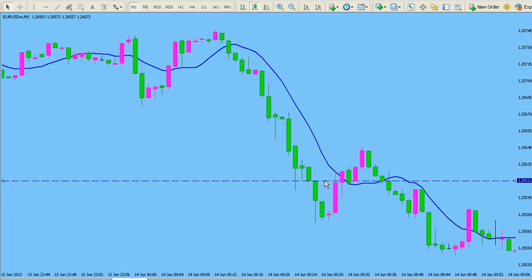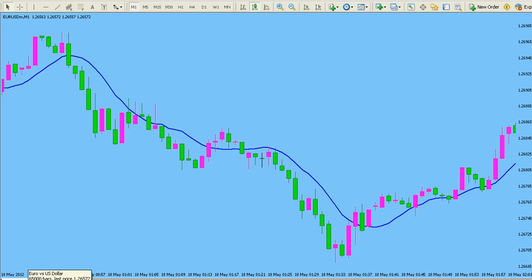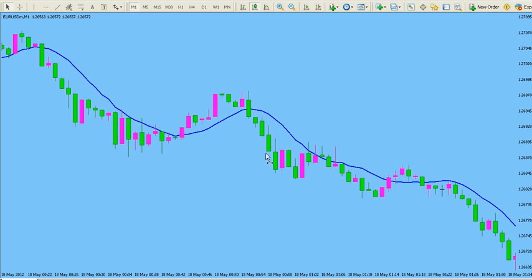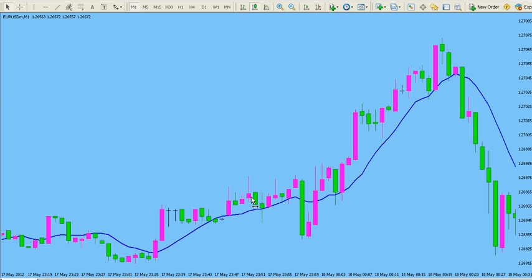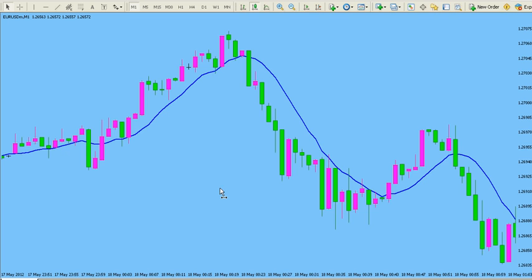Or if you chose not to get out right here and you got out here instead, then you can see that this break and close is just an extra confirmation that you no longer have the advantage. Let's take a look at, I think this one is that chart. And this may illustrate it a little bit better. It's moving stop loss.